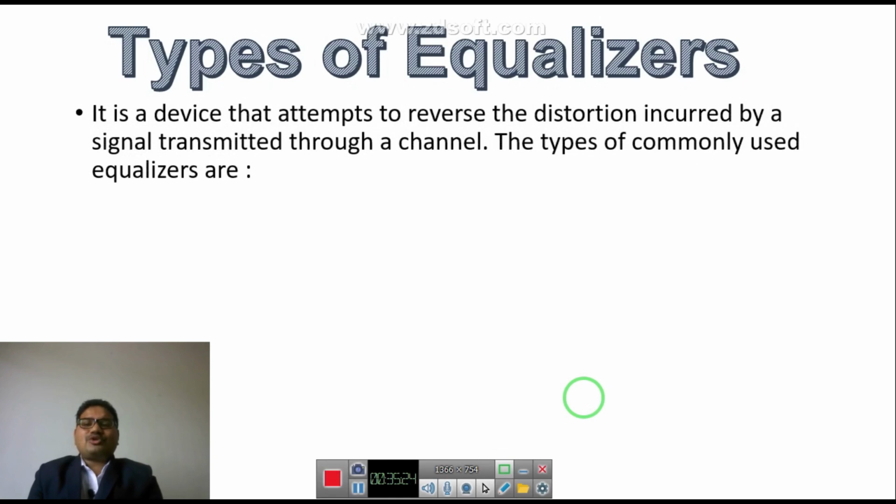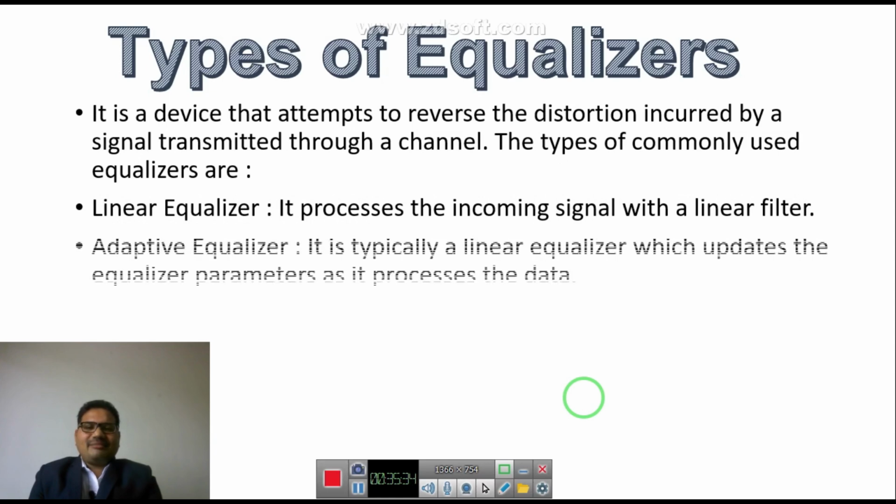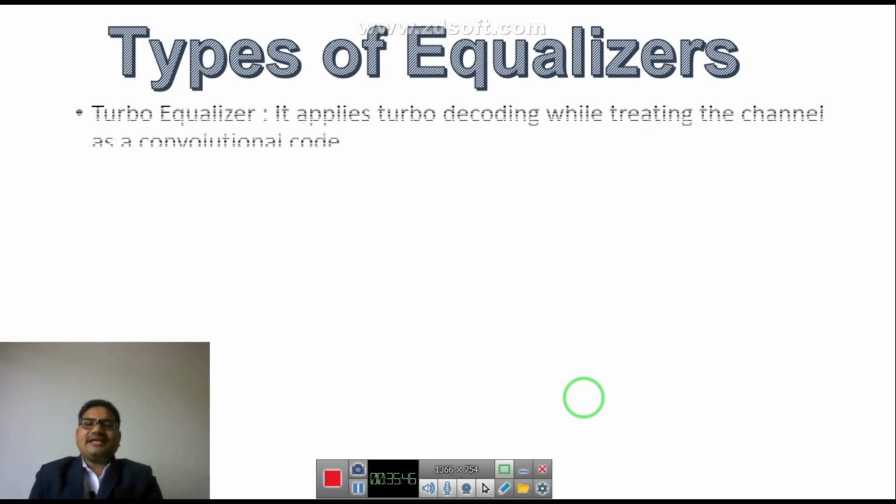What are the types of equalizer? The types of equalizers could be the linear equalizer, which processes the incoming signal with a linear filter. Next is the adaptive equalizer, which is typically a linear equalizer that updates the equalizer parameters as it processes the data.